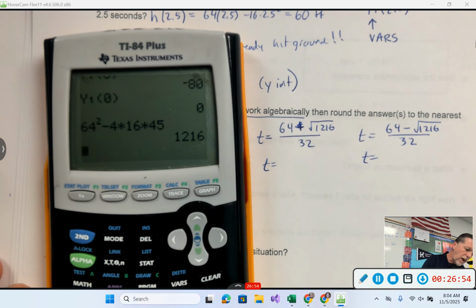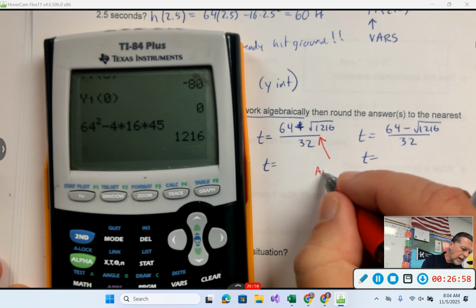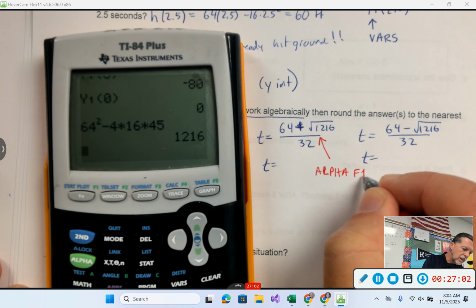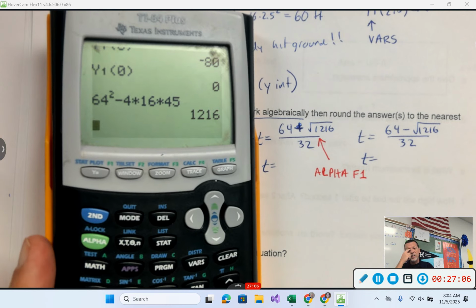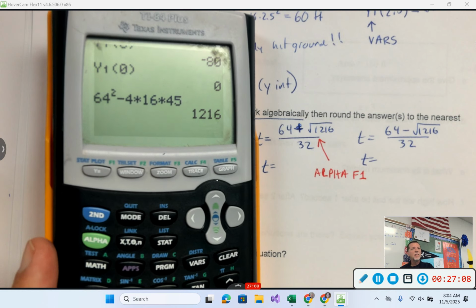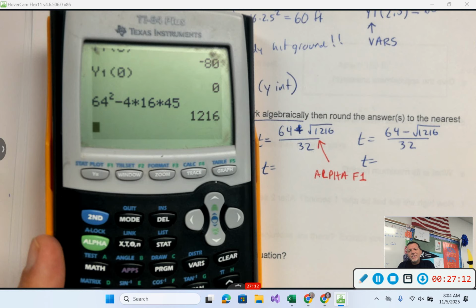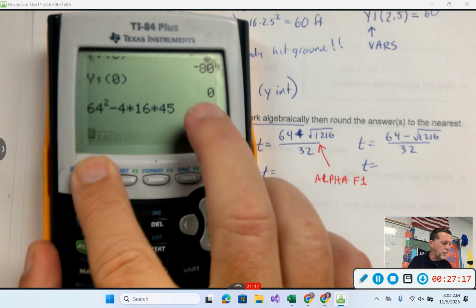So to get the fraction bar, that's alpha F1. So green button and then very top left button. And again, you don't have to do this, but it's very convenient if you have a fraction bar. Then it's super easy to know who's in the top and who's in the bottom.